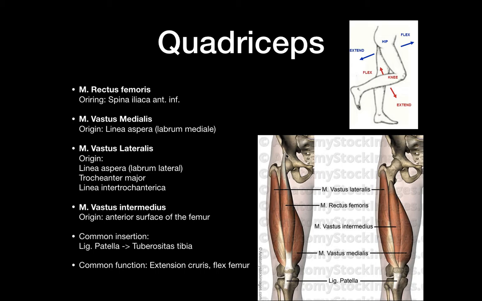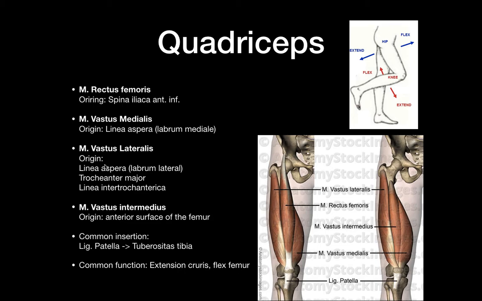Then you have musculus vastus medialis, which lies on the medial side here. This one is going to originate from the linea aspera. If you remember where linea aspera was, it's on the posterior side of the femur, more specifically the labium mediale. Remember, linea aspera has 2 lips, medial and lateral.